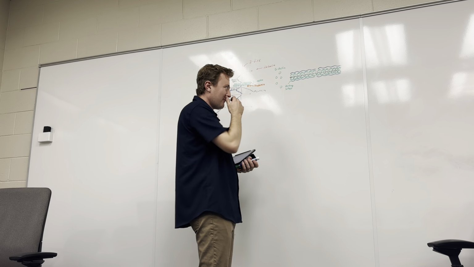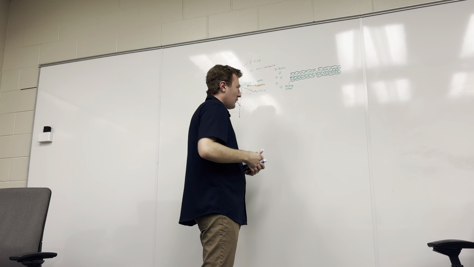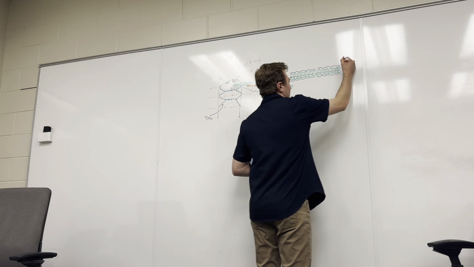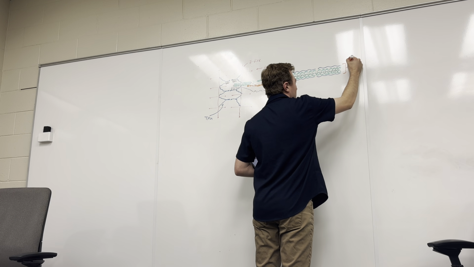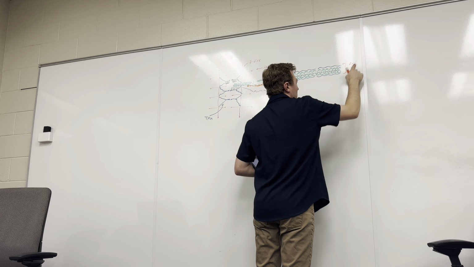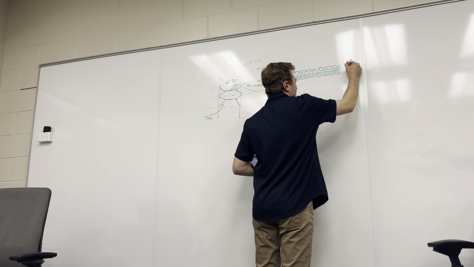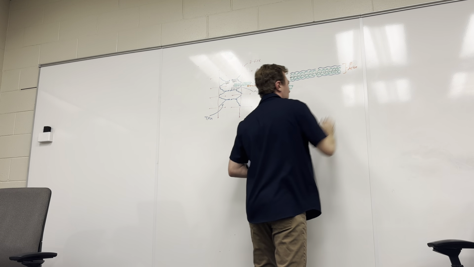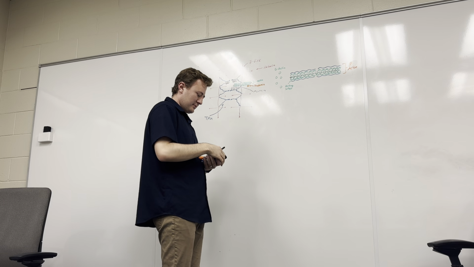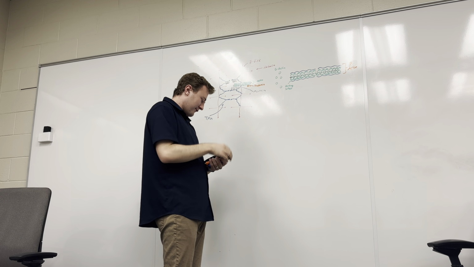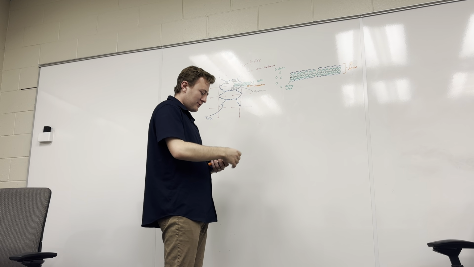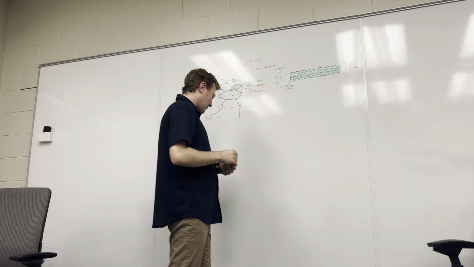And so when we have this whole system together, we can call this whole thing F-actin. That is F-actin. And now going from that, we have one more thing I want to draw up as a part of this picture.